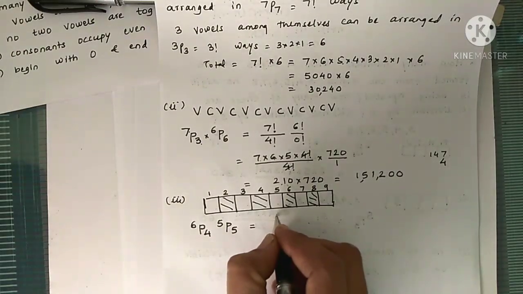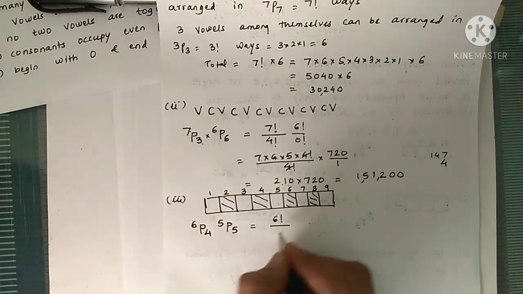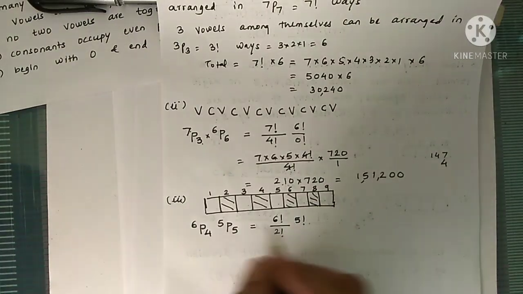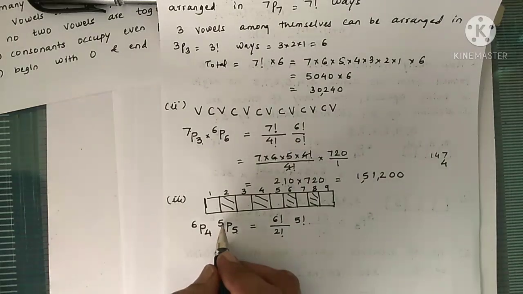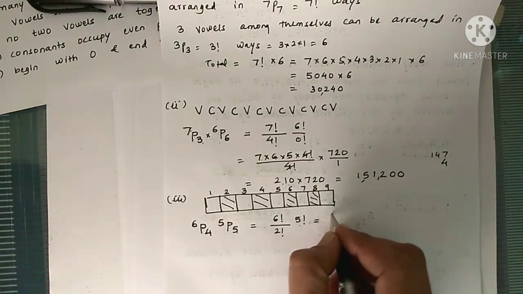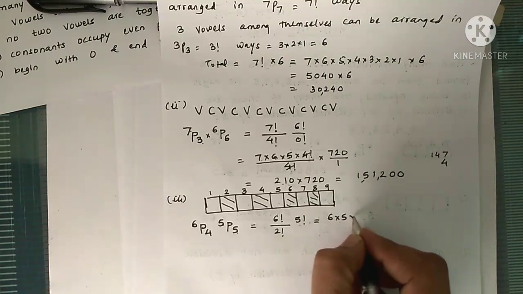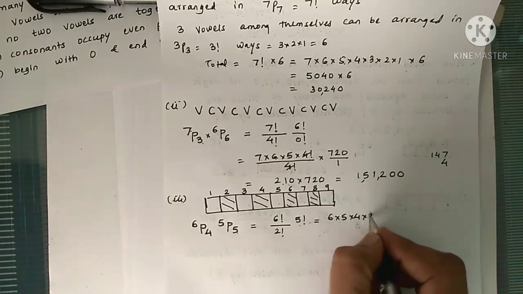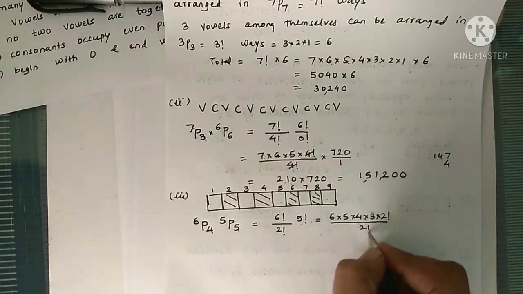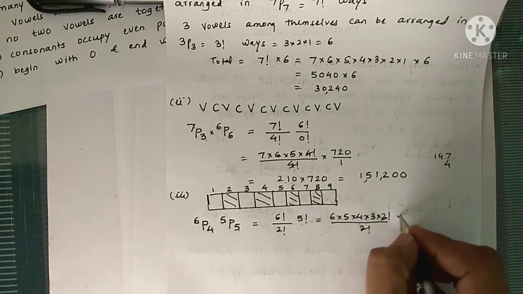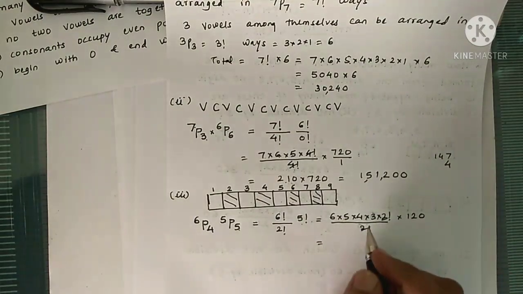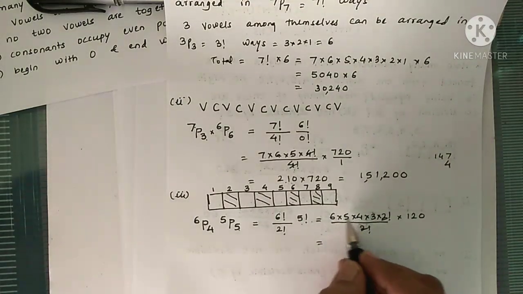So this is 6 factorial upon (6 minus 4) factorial, that is 2 factorial. And for this one, whenever these two are the same, it is the factorial of this number, that is 5 factorial. So 6, 5, 4, 3 multiplied by 2 factorial upon 2 factorial, it gets cancelled. 5 factorial, we know it is 120. So this one is 6 into 5, 30.